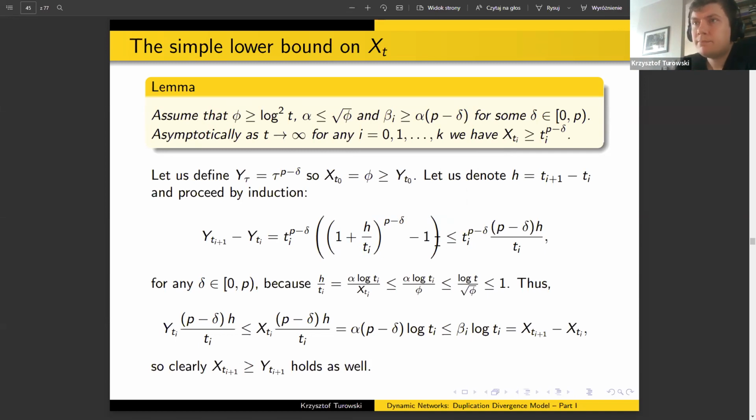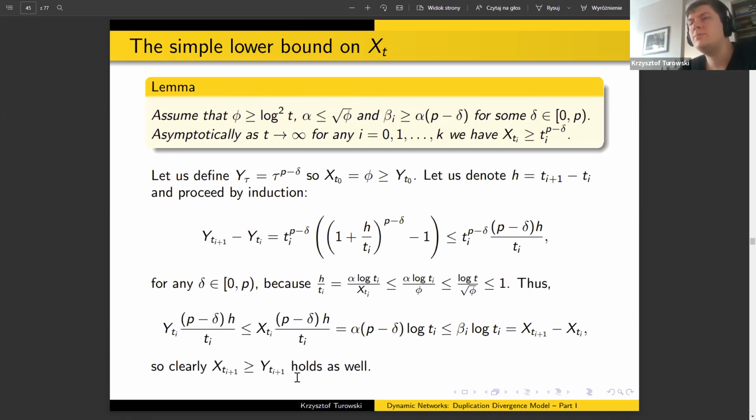Okay, and since we assume that this holds inductively, we may prove the latter line, and it turns out that at each step x_{t_{i+1}} minus x_{t_i} is somewhat greater than the respective difference between the y's, and the difference between the y's is exactly the difference between t_{i+1} to the p minus delta and t_i to the p minus delta.